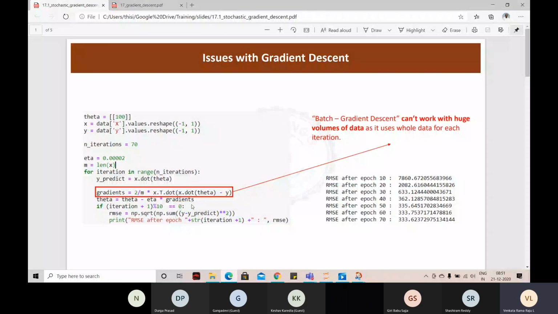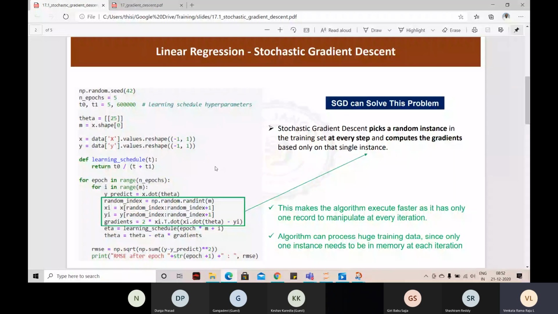The matrix manipulation may be less, but I am using 70 iterations. So gradient descent also uses whole data for each iteration, and it is going to use it heavily. So this is not going to help in huge volumes of data. The solution is stochastic gradient descent. I moved the slide, it may take a little while. Do you see the stochastic gradient descent screen now?